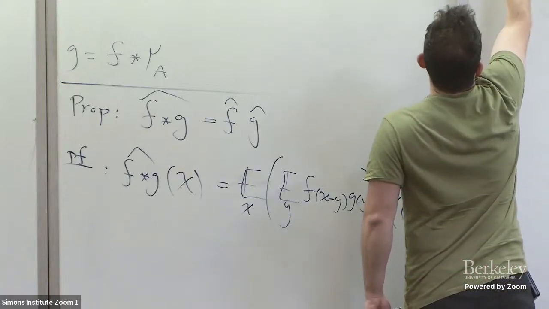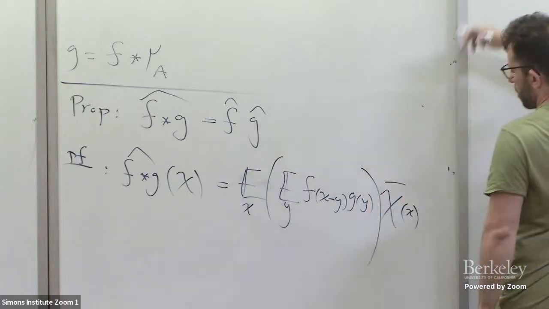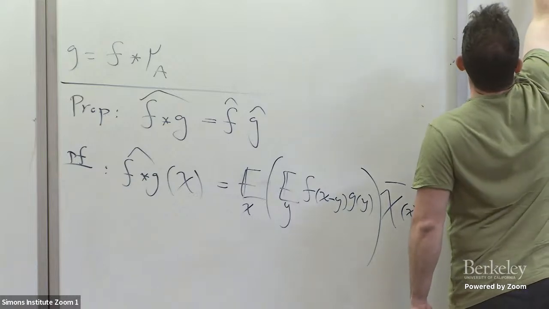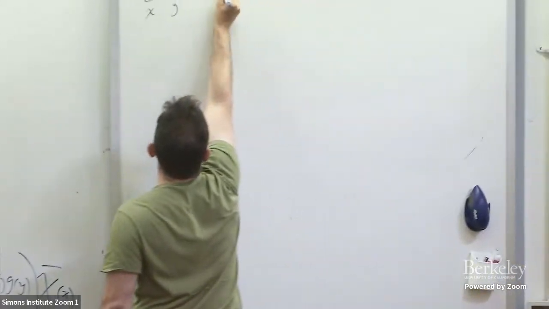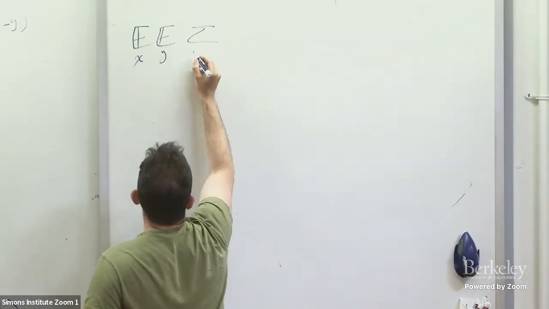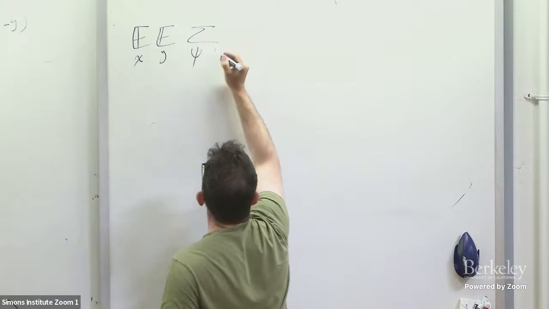Going to be expected value of x. Let's put all the expected values out. And then I'm going to have a sum for this one and a sum for the characters of this one.